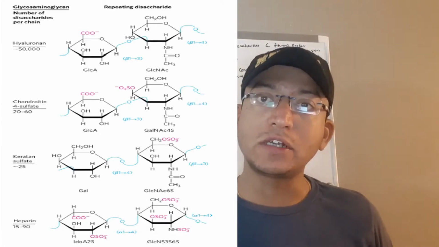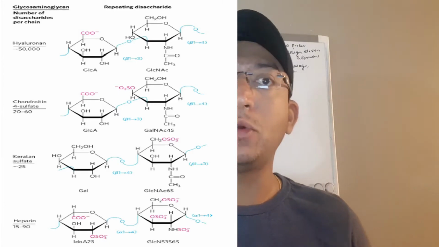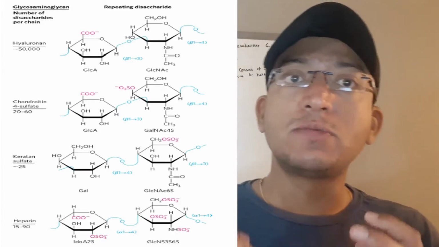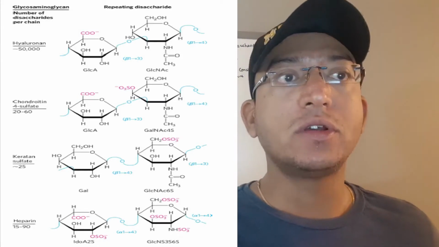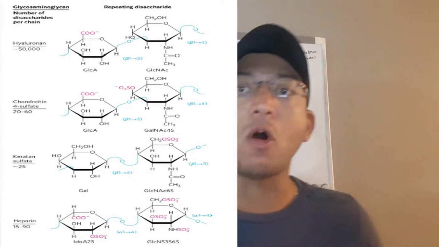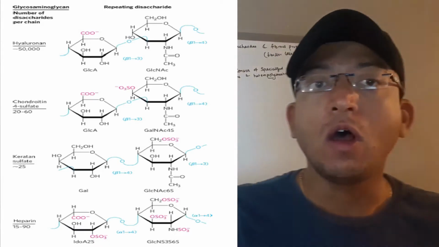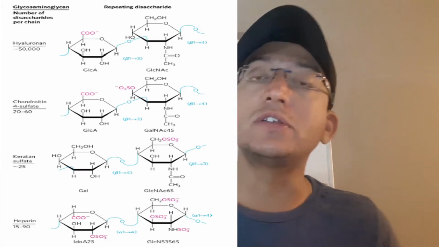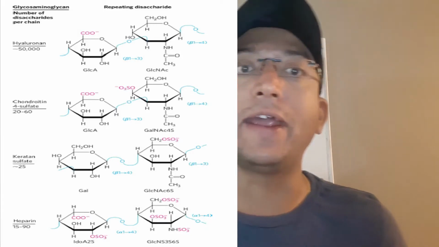The ionized carboxylate and sulfate groups, the ones you are seeing in red, give these polymers their characteristic high negative charge, right? The combination of sulfate groups and carboxylate groups, both negative, in red, on the uronic acid residues, gives these glycosaminoglycans a very high density of negative charge.